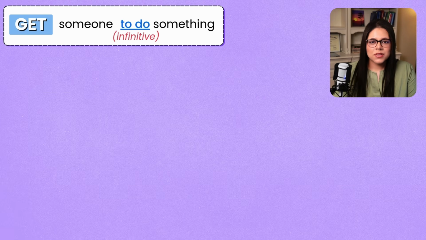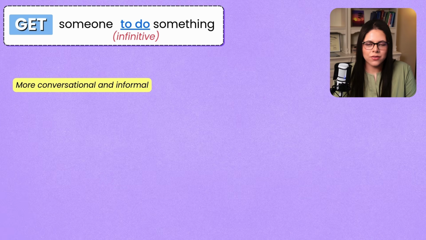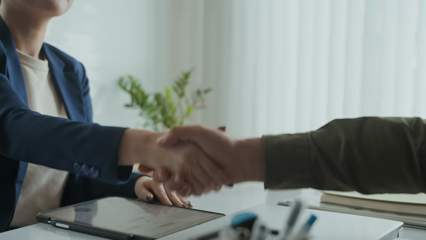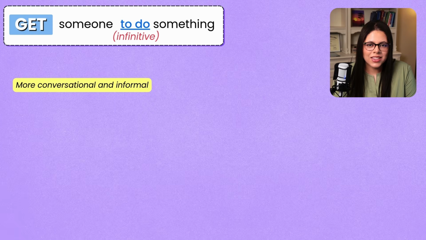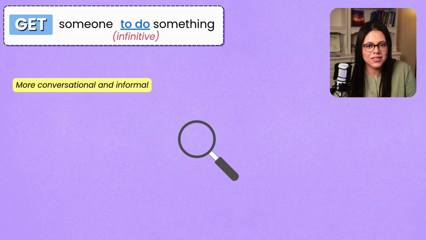Generally, get sounds more conversational and more informal than have. We use both verbs in similar situations when we arrange for someone to do something for us, but there's almost always a difference in meaning, and this sometimes is very subtle or difficult to notice.